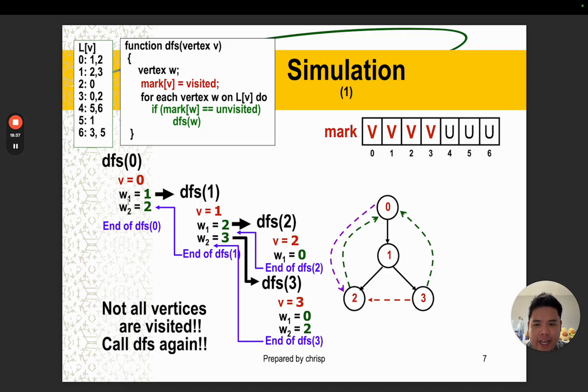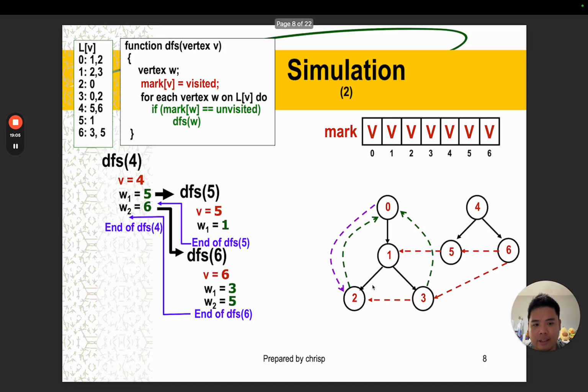I'm checking at 2. So 2 has already been visited and 2 has an index adjacent to 1, so I need to draw 2 to 0. So you will notice that these specific broken arrows just represent when you tried to do DFS, but the vertex was already visited.